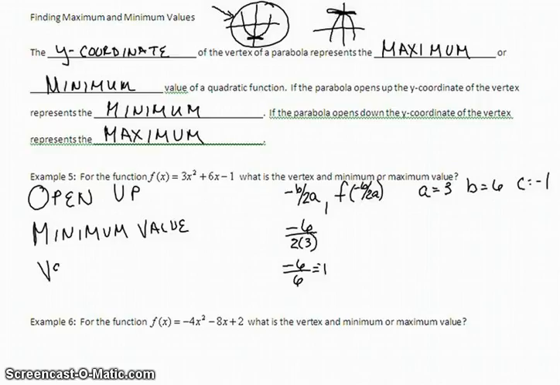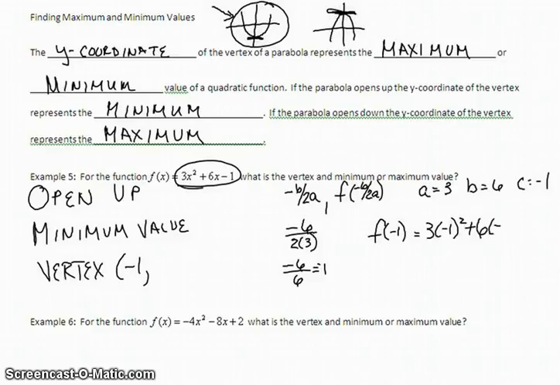I'm going to come over here and say vertex, negative 1. Now, to find the y-coordinate, I substitute negative 1 in to the equation. So I'll have f of negative 1 equals 3 times negative 1 squared plus 6 times negative 1 minus 1. 3, negative 1 squared is positive 1, plus 6 times negative 1 minus 1.